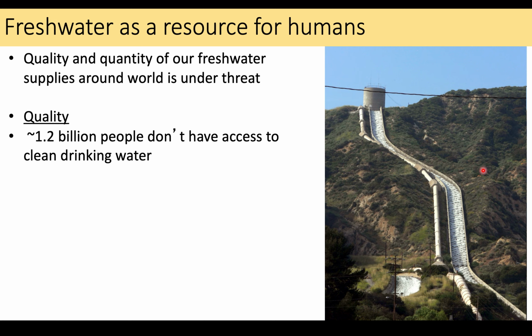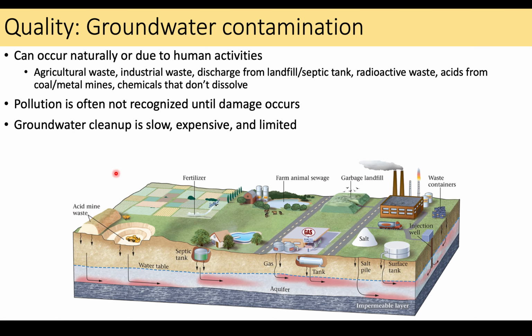So quality of water, we need clean drinking water. So it's not that there isn't enough water. It may be just that the water is not actually usable for us as drinking water. So about 1.2 billion people on Earth don't have access to clean drinking water. That is the quality problem with fresh water as a resource for humans.